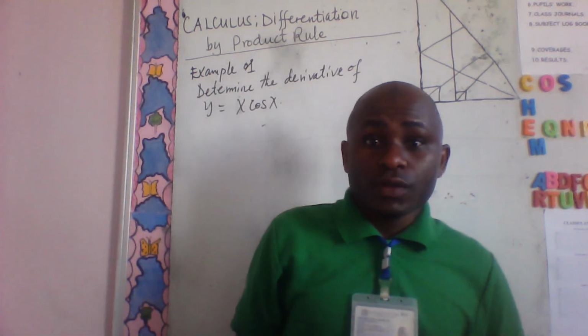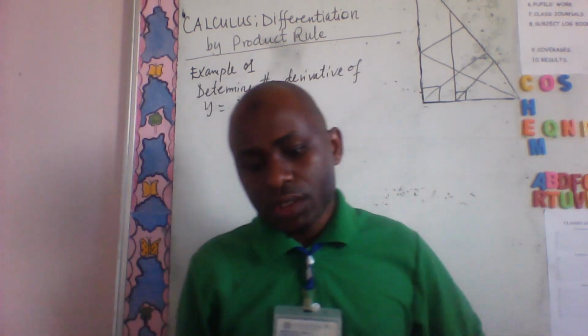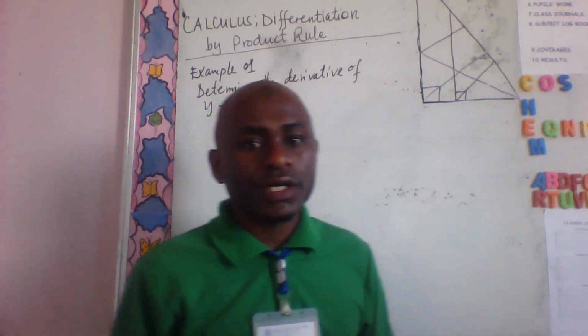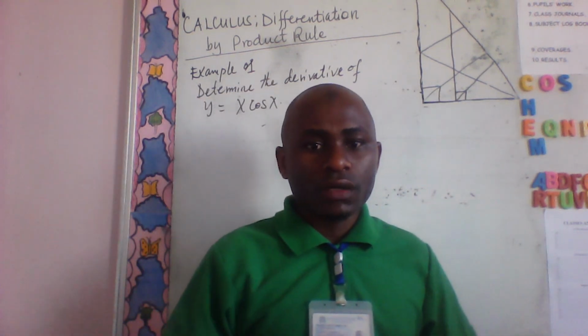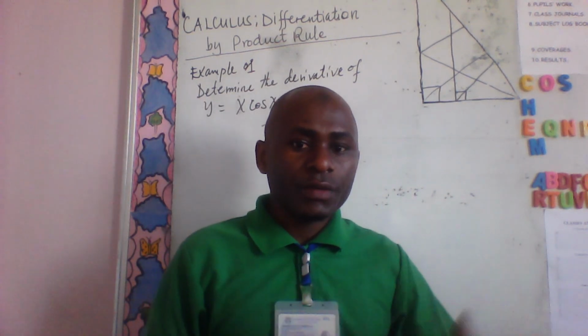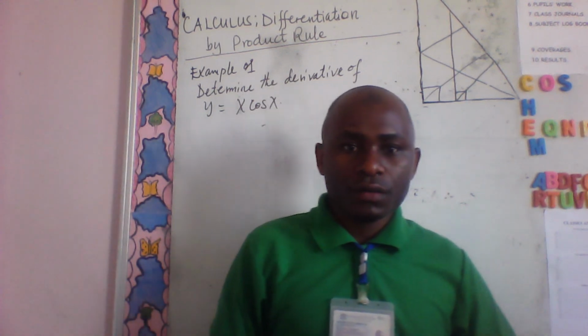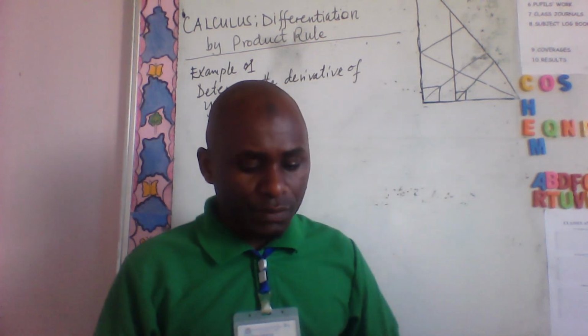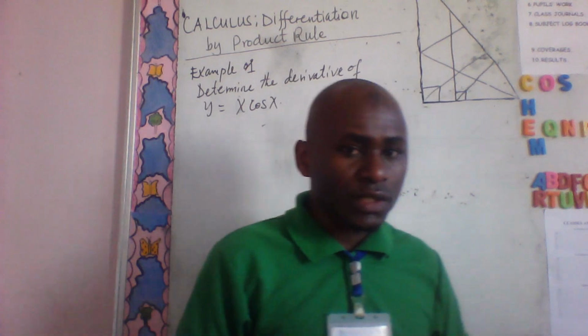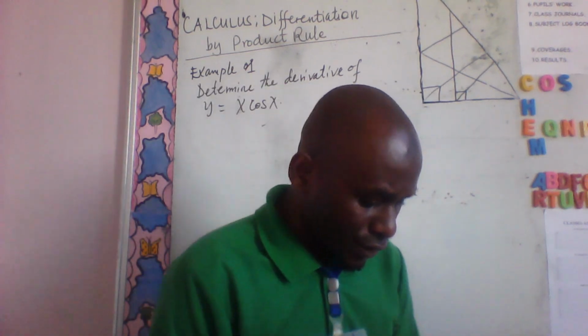Here we are supposed to find the derivative, or find the result, by using the product rule as a part of calculus. So let us begin to see how it is.